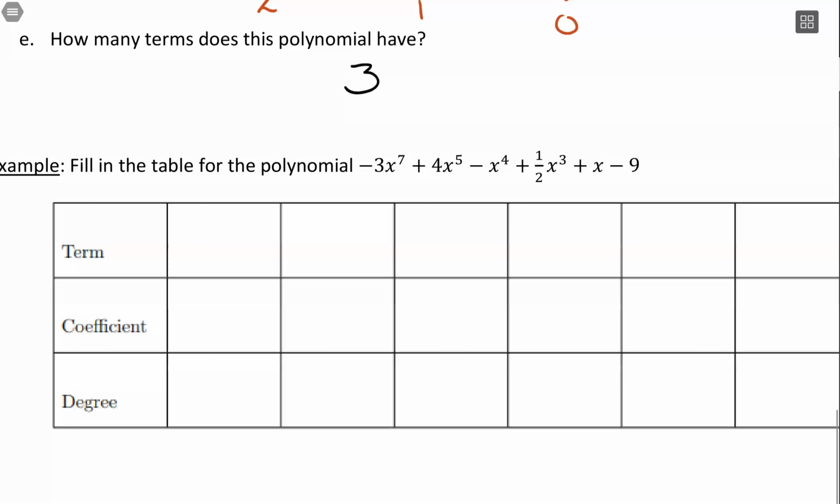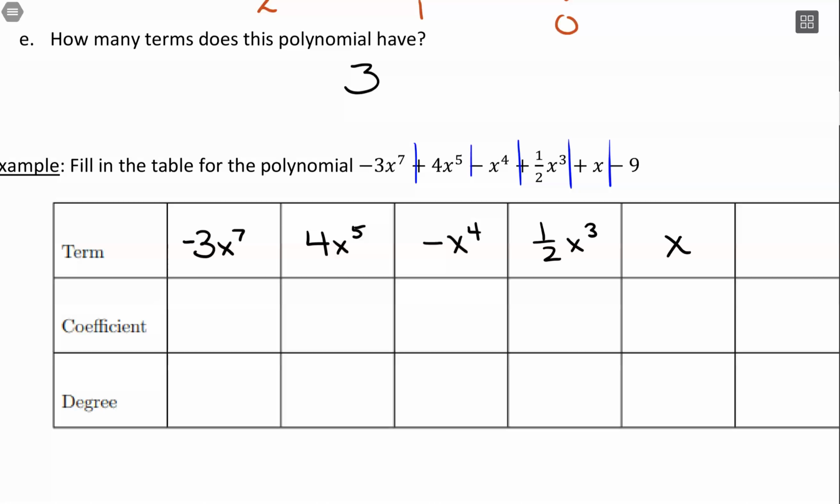So listing our terms. We're looking for this separation at the addition and subtraction symbols. So we're going to have negative 3x to the 7th, positive 4x to the 5th, negative x to the 4th, positive 1/2 x cubed, positive 1x, and the negative 9. The coefficient of these, so this is the numerical part that's multiplying out front.